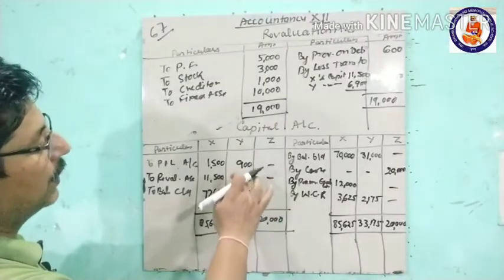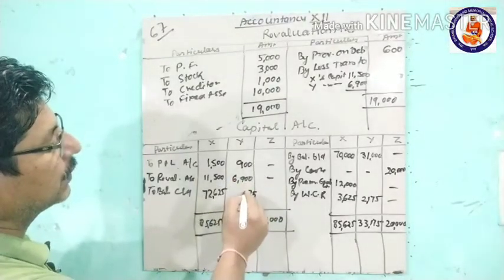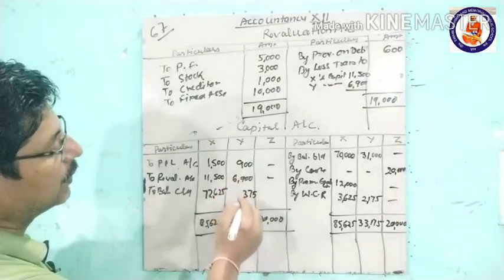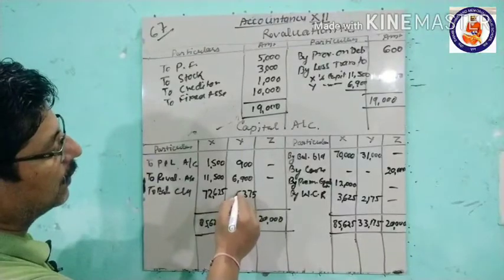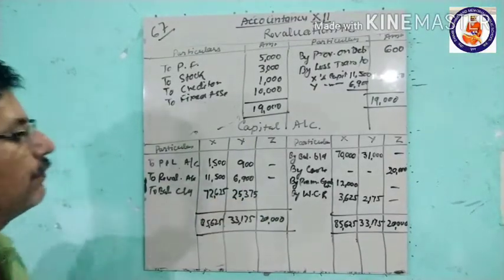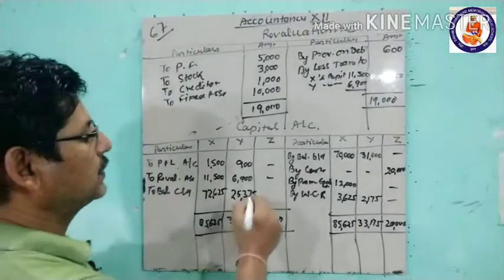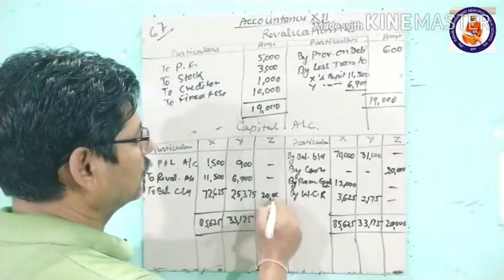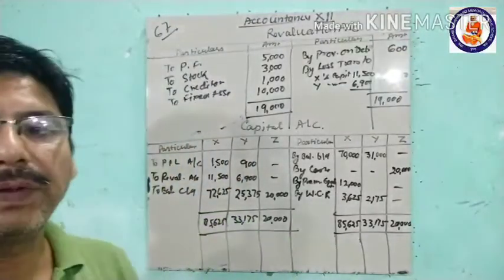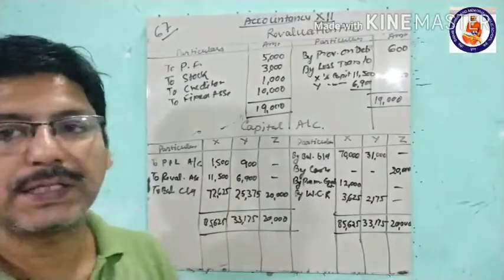Then 9918, 321, 25,375, and this C 20,000. So these are the capital balances over here. Okay, of the partners, these are the capital balances.